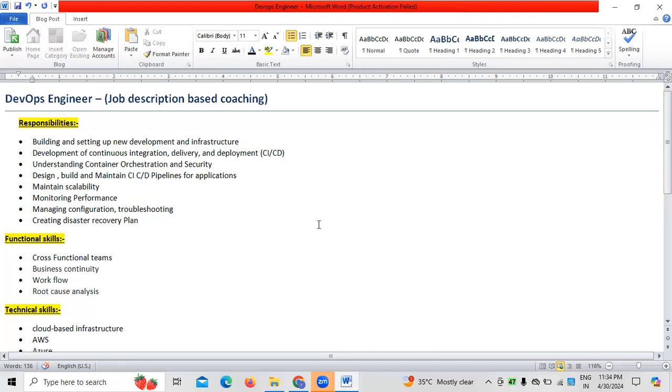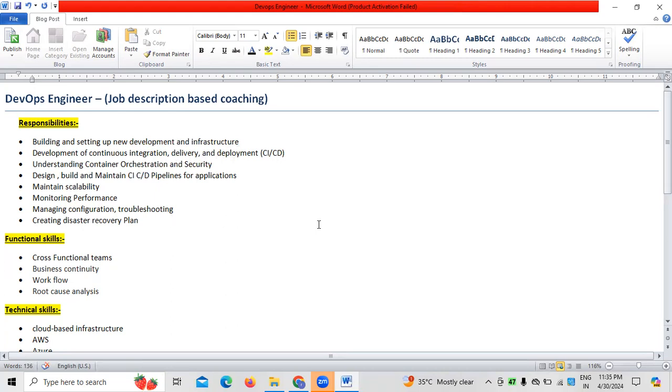In the field of application development, we see a lot of opportunities from the technical point of view, where most of the roles are called DevOps engineers. A DevOps engineer is a person who has operations experience prior to development experience and deployment experience.